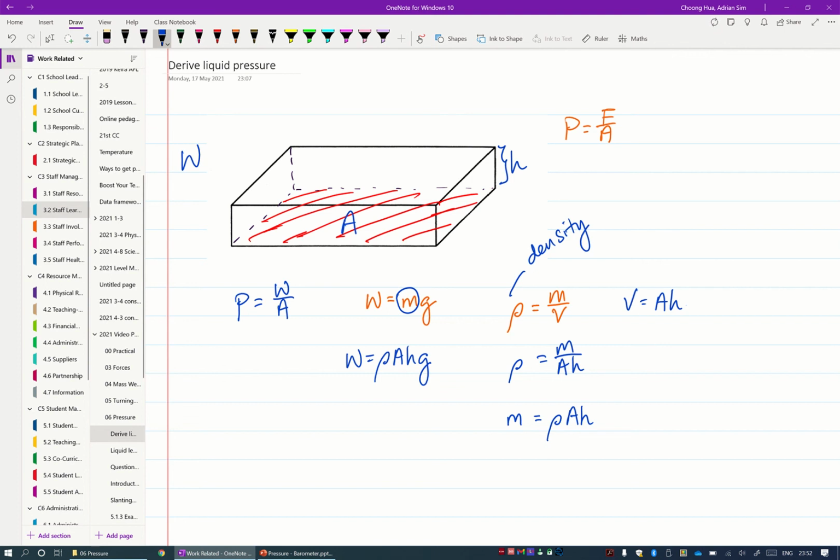So you look back at the very first equation, pressure equals weight over area. Now I'm going to substitute the weight formula into W over A. So I have P equals rho A h g over A. And now I have rho h g, but it's commonly written as h rho g.